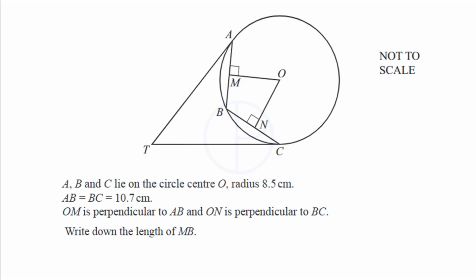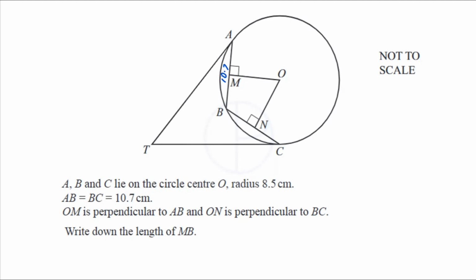Let's solve this question. A, B and C lie on a circle, center O, radius 8.5 centimeters. AB is equal to BC equal to 10.7 centimeters. OM is perpendicular to AB and ON is perpendicular to BC. Write down the length of MB. So it's given AB is 10.7 centimeters. OM is perpendicular to AB.